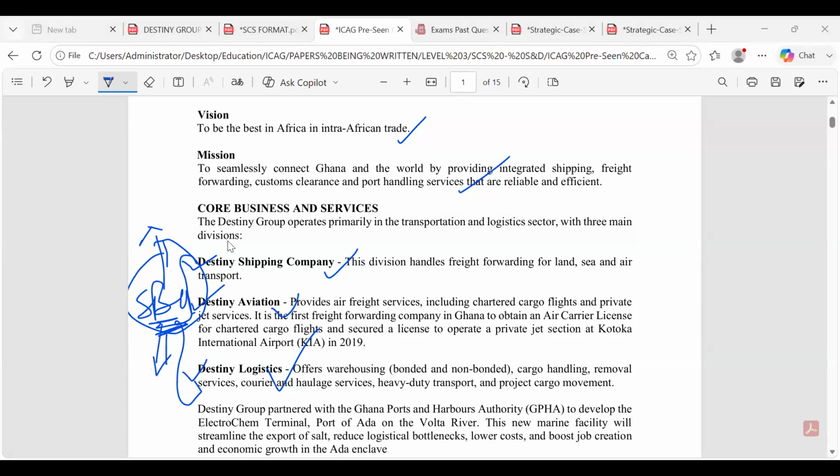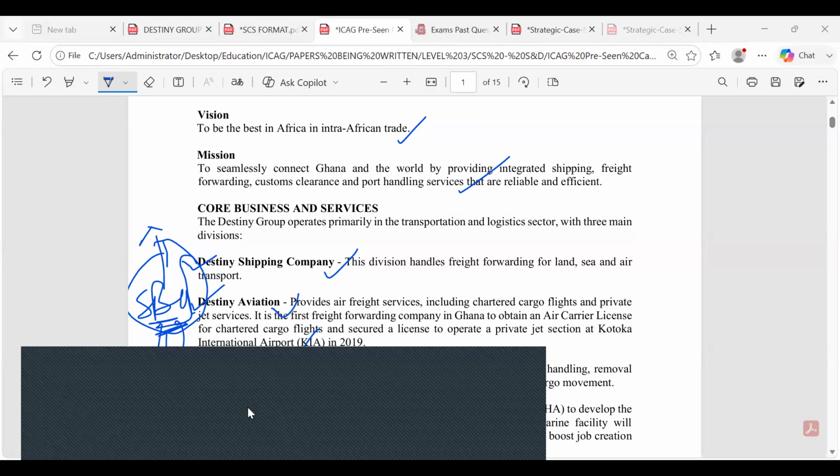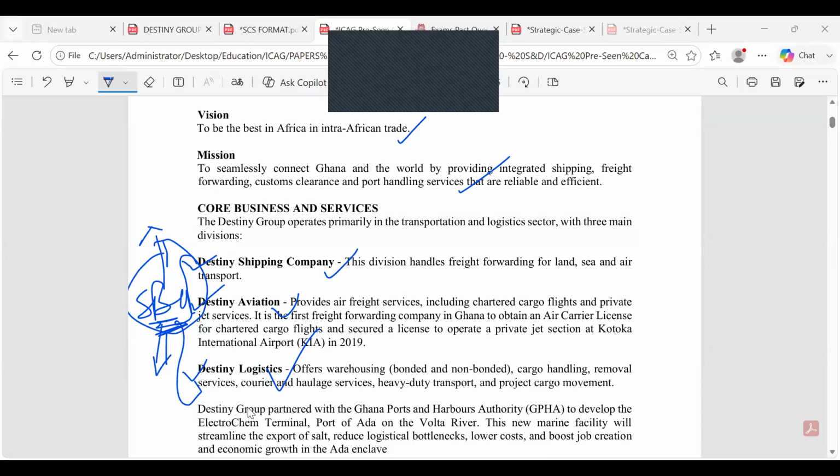I don't know where I kept it. I should have saved it properly, and I'll show it to you.